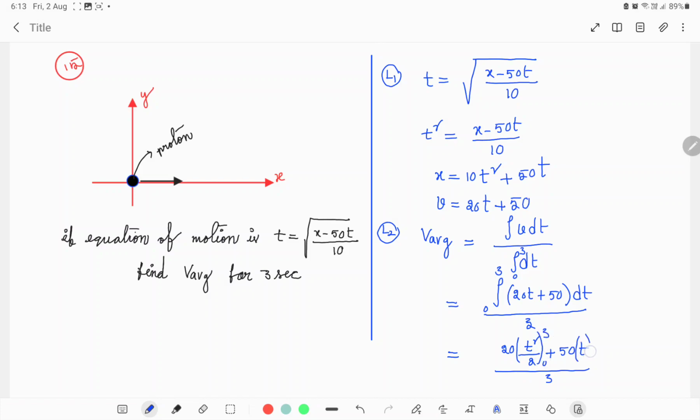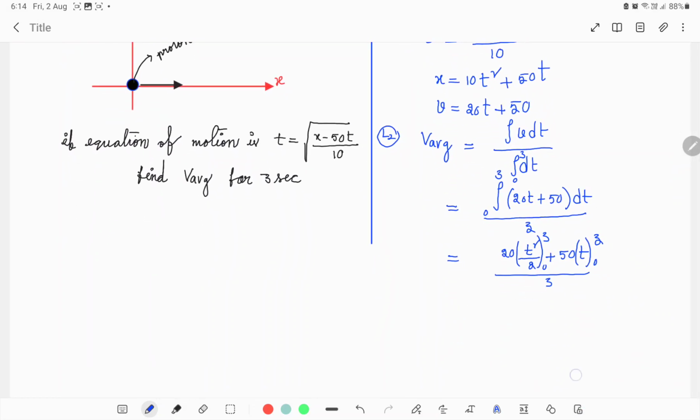That becomes (20 × 9/2 + 50 × 3) divided by 3. Therefore the answer is 80 meters per second. So that's the V average, that's the answer for this problem: V average equals 80 meters per second.